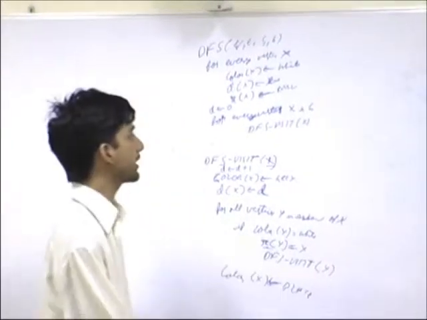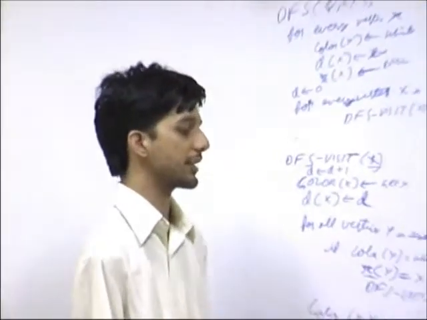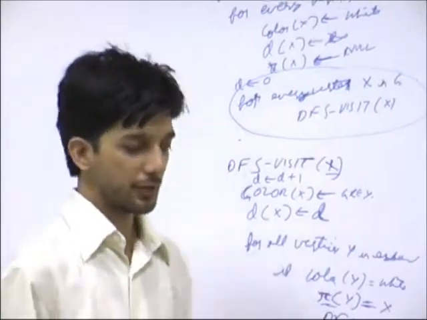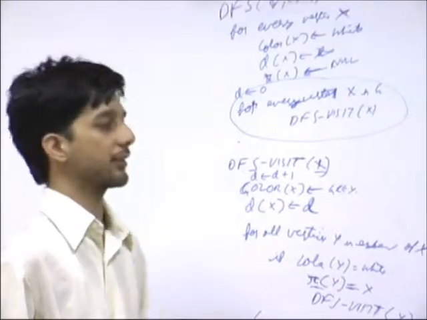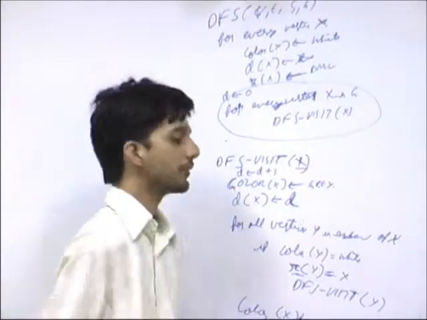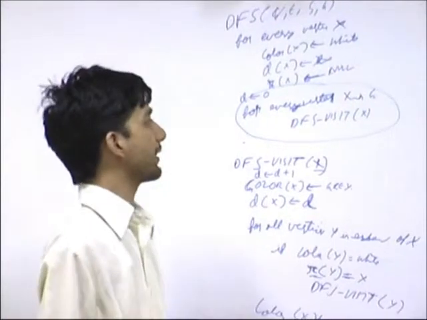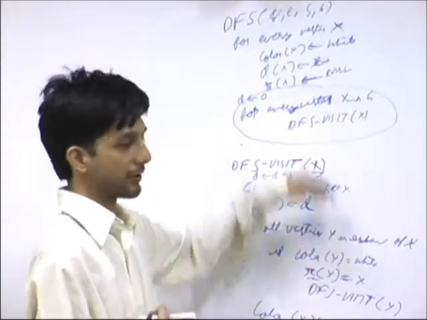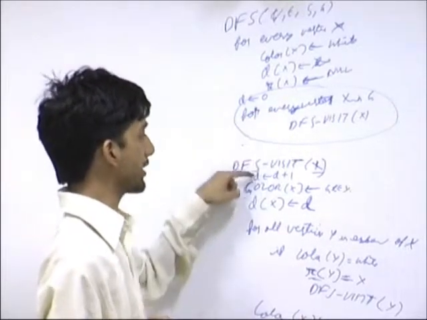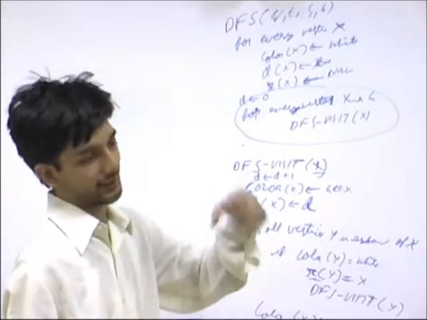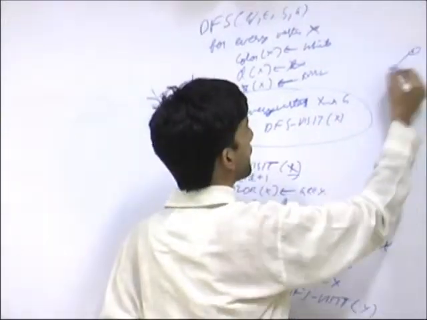Now what is the interesting thing about this search is that we are taking into account disconnected graphs. How do we do that? After a search, the entire DFS procedure is exhausted, because this function would call this function and then this would get recursively called itself, and that is how my depth first search tree will try to expand.